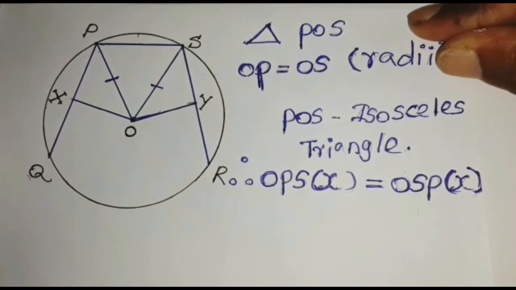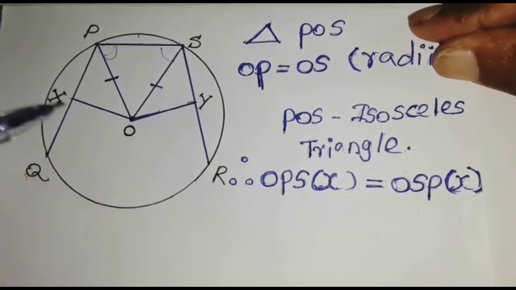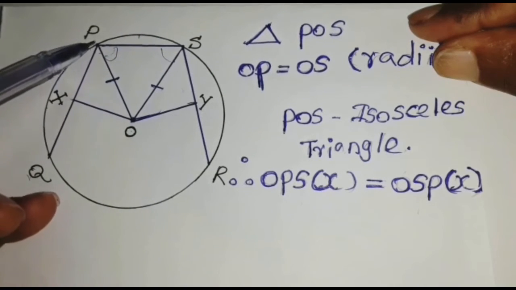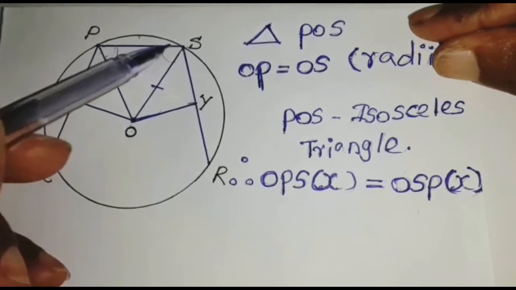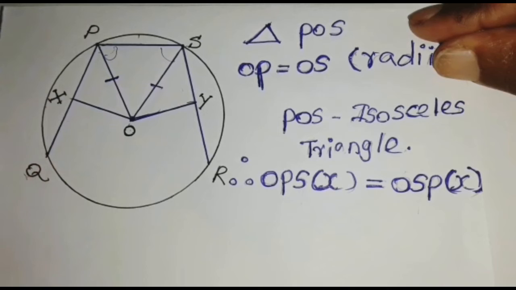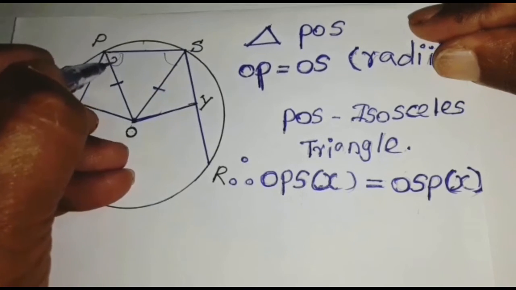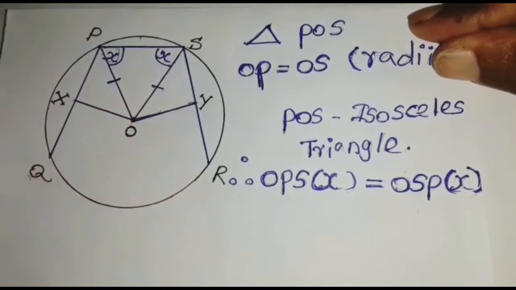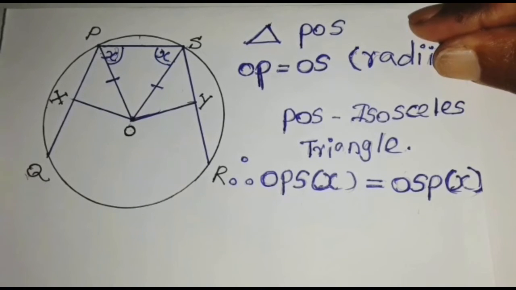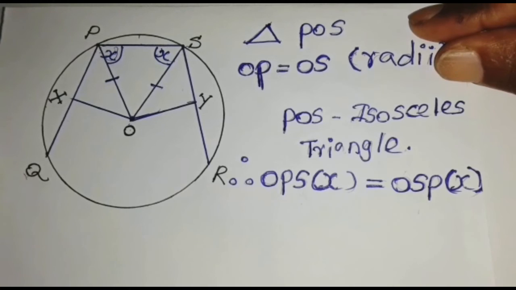We know in isosceles triangles, the opposite angles are equal. These are the opposite angles. That means angle OPS equals angle OSP. I will name these two angles as x. This angle x and this one also x. These two angles are equal because triangle POS is an isosceles triangle.